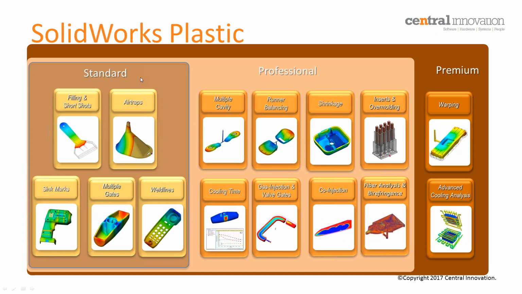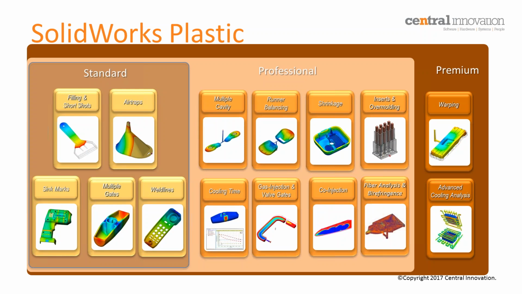In a standard plastic, what you can do, you can understand the initial defect on your actual application. So filling time, short shots, air traps, sink marks, multiple gates, and weld lines are the major applications we can get with SOLIDWORKS standard.